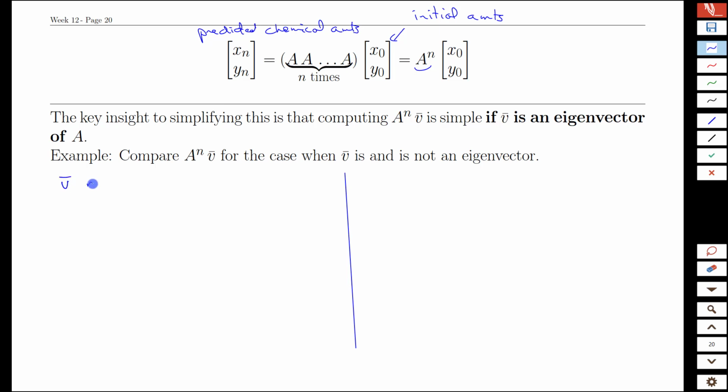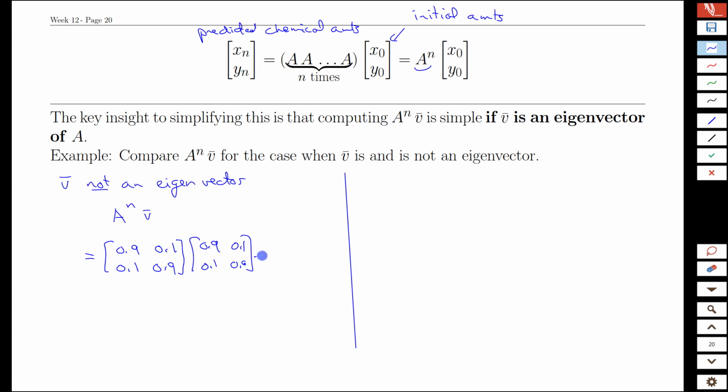If we have v, which is not an eigenvector, then if we want to calculate A to the n times v, what we have to do is take our 0.9, 0.1, 0.1, 0.9, and multiply that out by the same matrix again, 0.1, 0.9, and do that potentially hundreds, thousands, a large number of times, and that is, as we indicated earlier, long and tedious and, in scientific terms, icky.